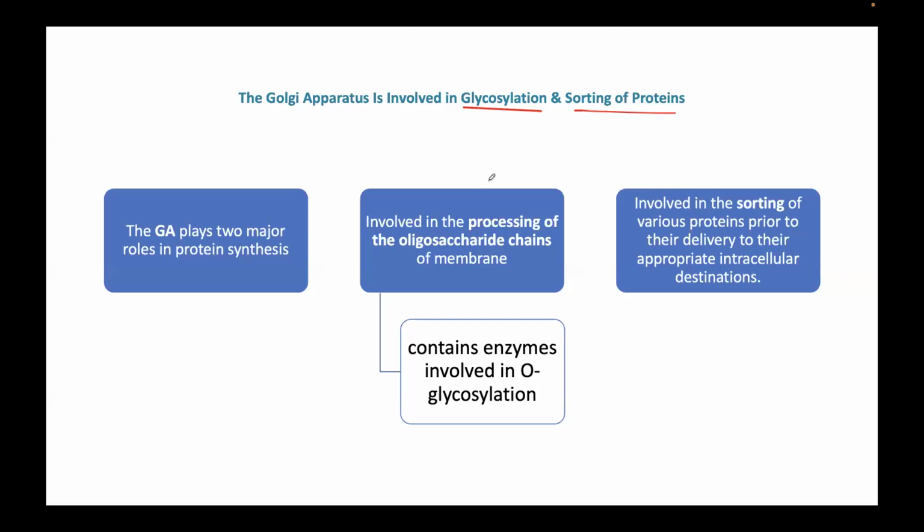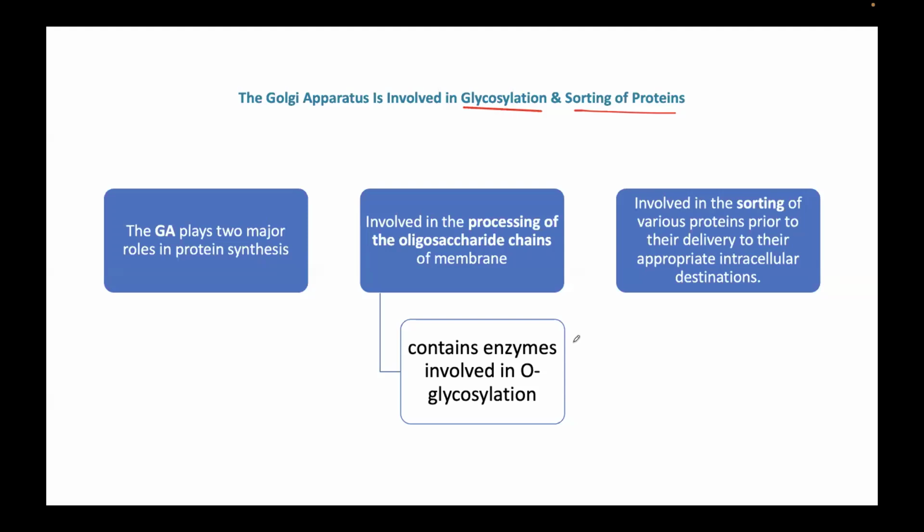What are those 2 roles again? I want it to come from you, because everyone memorizes the packaging. It is glycosylation and sorting of proteins. And please take note that the Golgi apparatus is involved in the processing, particularly of oligosaccharide chains.